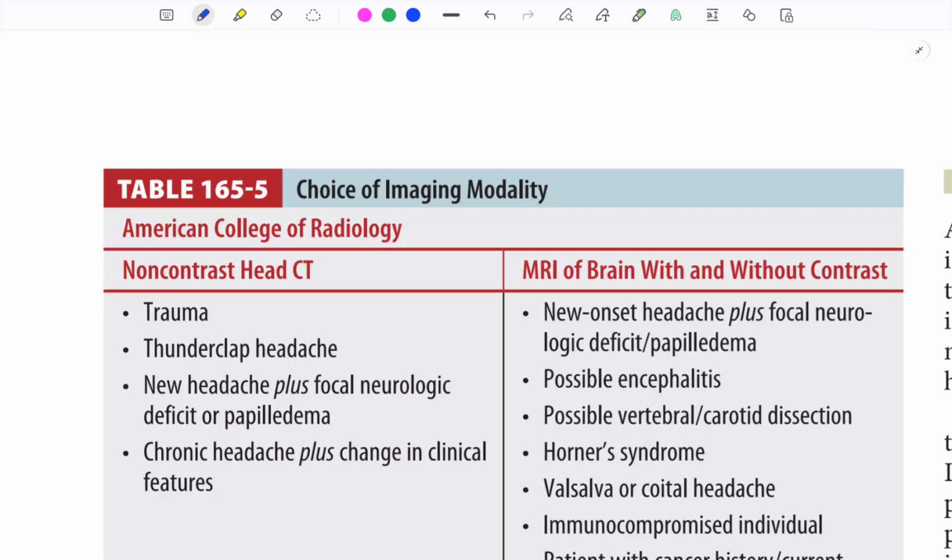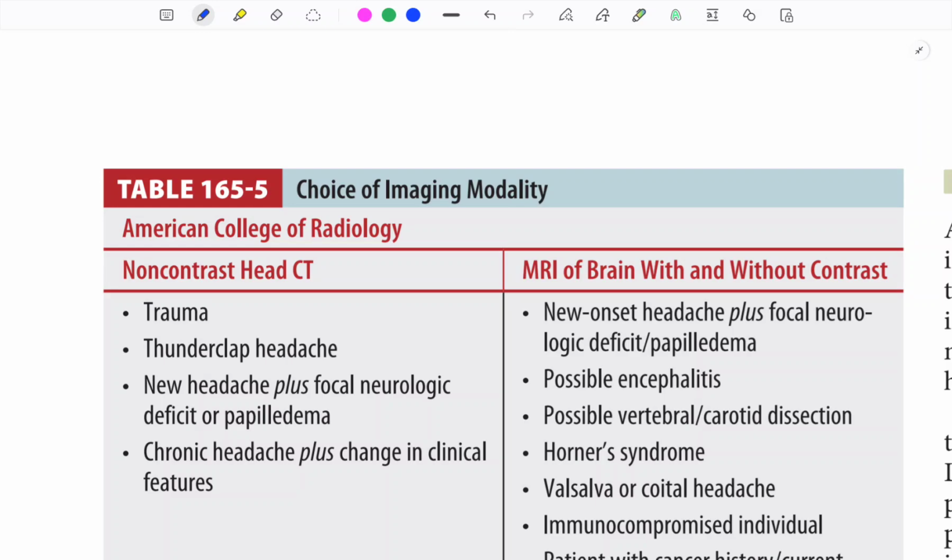How do you choose the right imaging modality based upon the money that you have, but you can't write an exam? So you will use NCCT to see blood. NCCT is there to see blood, like trauma, thunderclap headache, you want to see bleed. New headache plus focal neurological deficit or papilledema, again you want to see blood, whether the patient is having hemorrhage or not, so we can lyse the patient or not.